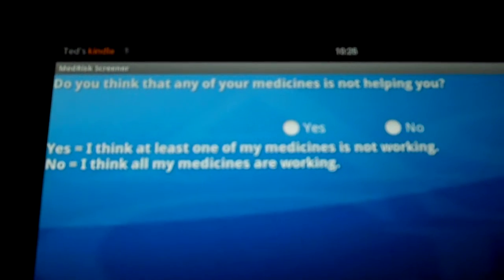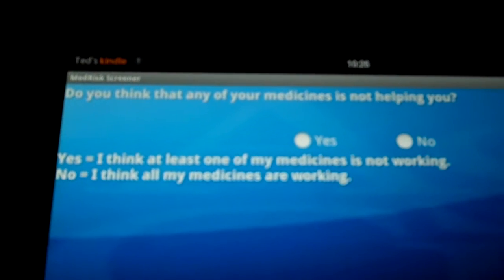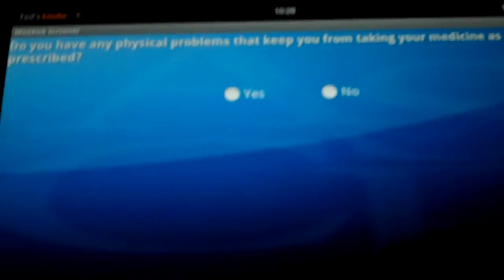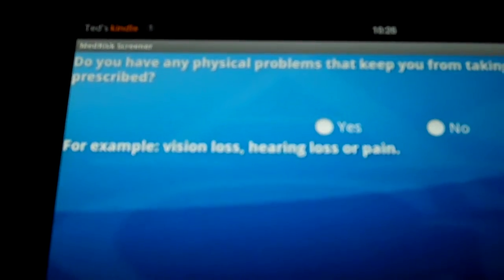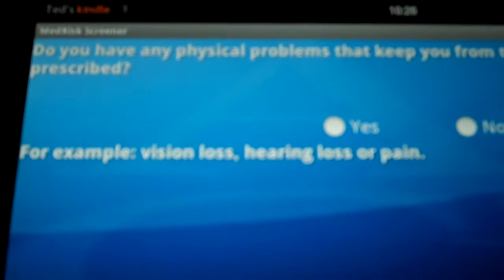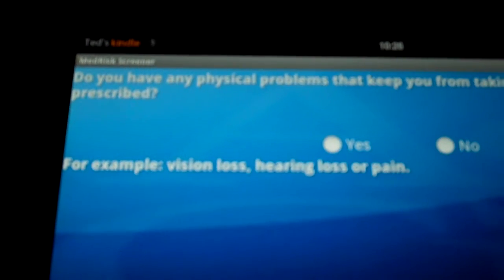So that could be an important clarification, because yes and no is kind of a really blunt force way of answering a sophisticated question like that. And I believe question 5 also has some help to it. And this says, do you have any physical problems that keep you from taking your medicine as prescribed? And then the example given when you hit help is vision loss, hearing loss, or pain. Again, all from the original instrument.